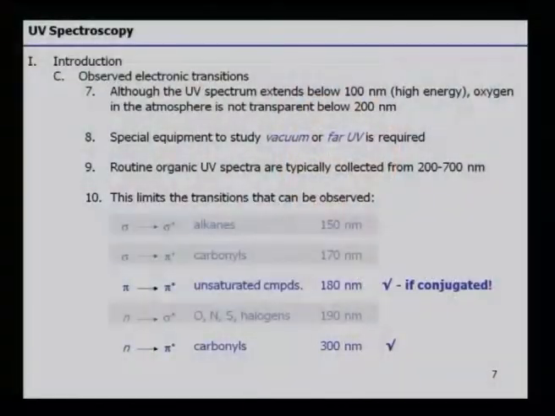So, that is allowed, and if it is further conjugated, it will come up to 200. The n to sigma star, which consists of oxygen, nitrogen, sulfur, halogens, can also be analyzed to some extent, and n to pi star, corresponding to carbonyls, which are above 300 nanometers, can also definitely be analyzed in UV spectroscopy.